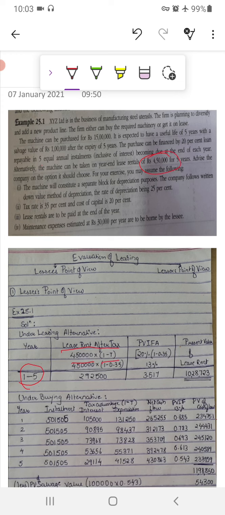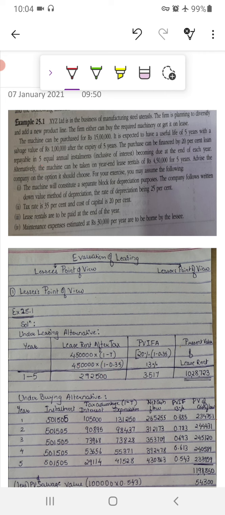We have already discussed that if you want to calculate anything after tax, you have to multiply it by 1 minus t, where t is the tax rate. So 4,50,000 into 1 minus 0.35, because the tax rate is 35%. That is 4,50,000 into 0.65, which gives you 2,92,500. So this is how you calculate the lease rental after tax.